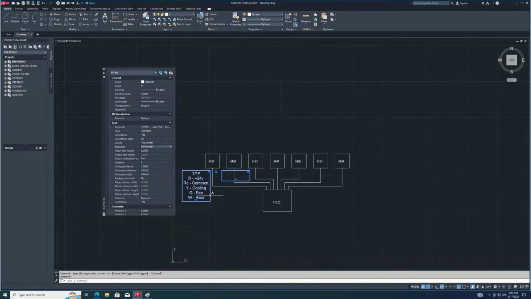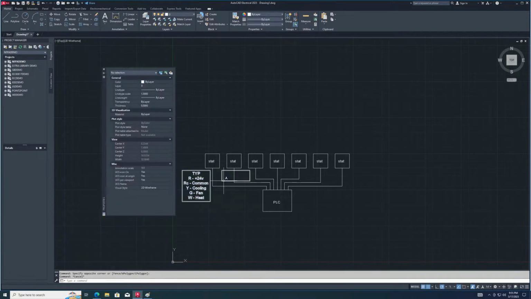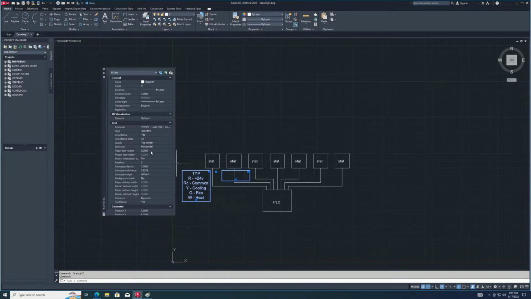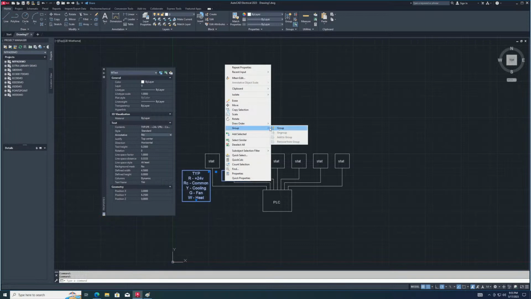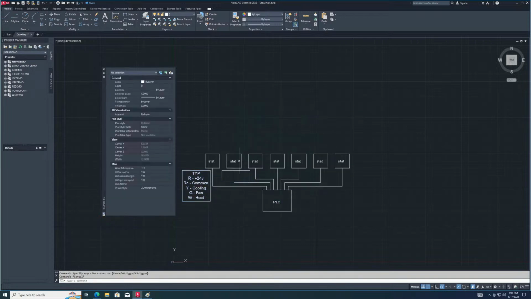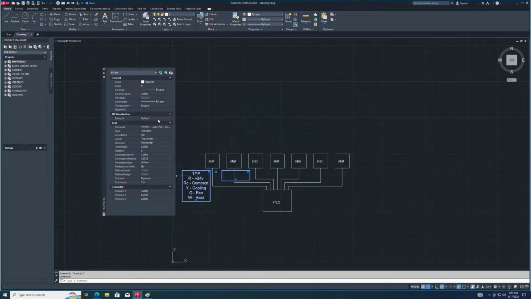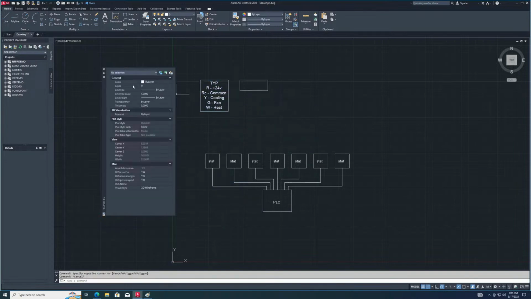I don't see an annotation line at all. Alright, what's going on with this?